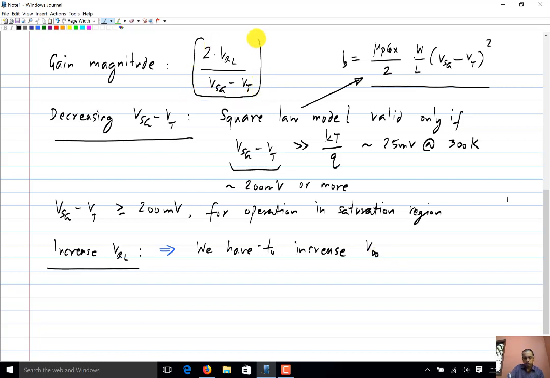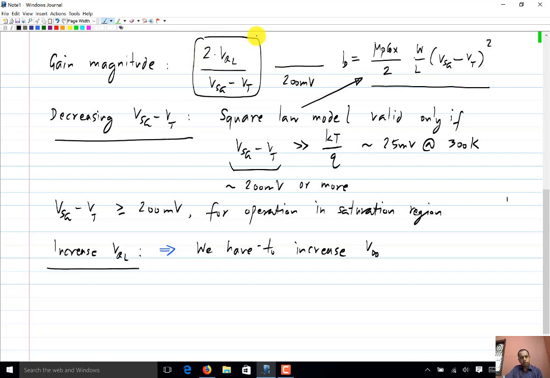This expression is nice in that it relates the gain directly to the DC voltage across RL at the operating point and the gate overdrive VSG minus VT of the MOS transistor. So if we want a gain of 10, we want 2 times VRL divided by VSG minus VT to be 10. Let's choose VSG minus VT to be 200 millivolts, which is, let's say, the minimum possible.